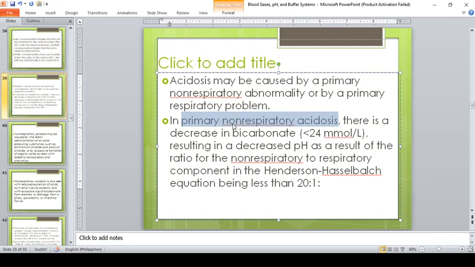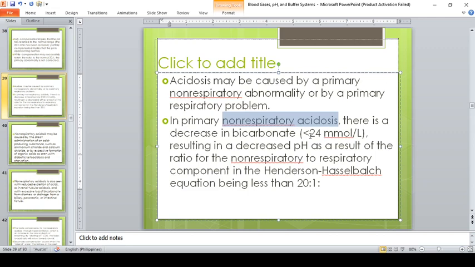Kapag acidosis kasi yan, non-respiratory origin or metabolic acidosis, ibig sabihin nun, mababa yung level ng bicarbonate. So, nagiging acidic siya kasi nga sobrang konti ng base. Yun yung sa non-respiratory acidosis.